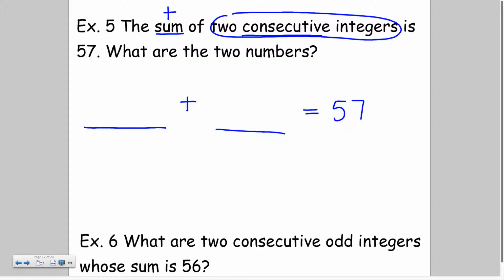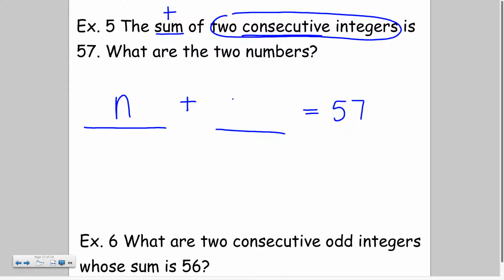You can guess and check, but part of the point in this is that we actually write the equation. I usually use n, just because n stands for number, or you could use x or a or any variable. But if we say that the first number is n, to get to the next number, we would add 1.